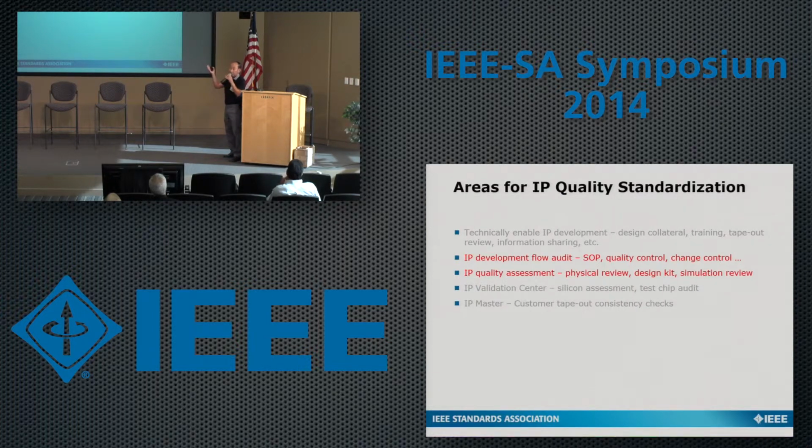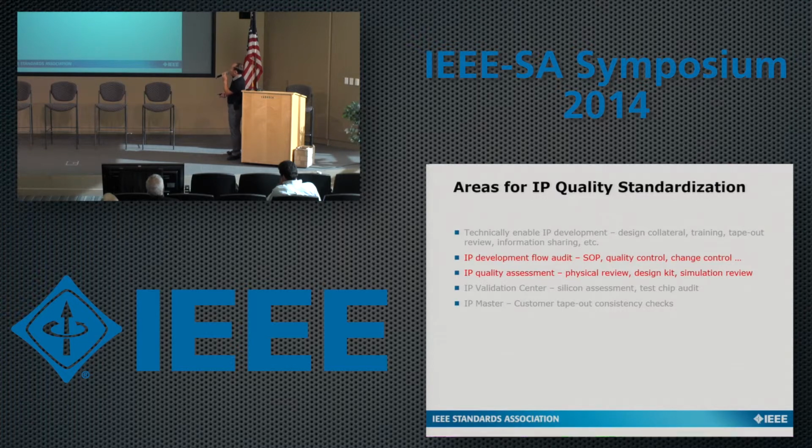Next to the last slide here. This is one slide I presented earlier, TSMC 9000, all the pieces we're doing. There are 2 items that we're looking at, figuring out a way to standardize them so that we can help the industry ensure some level of quality from the IP, whether it's part of the TSMC ecosystem or not. First, IP development flow audit: there are a number of documents that we developed over the years that can be supplied as a standardized document that IP providers can follow.